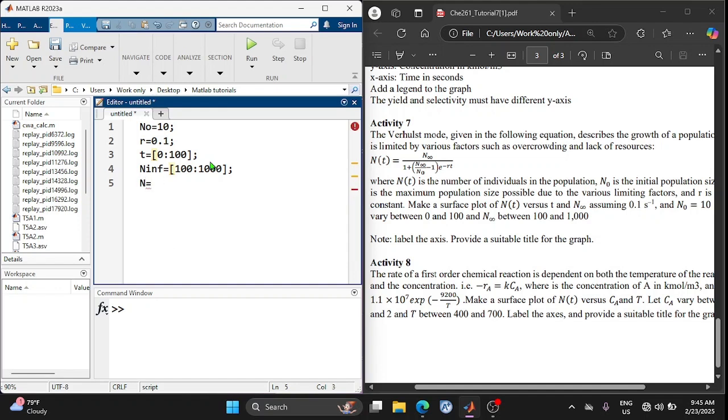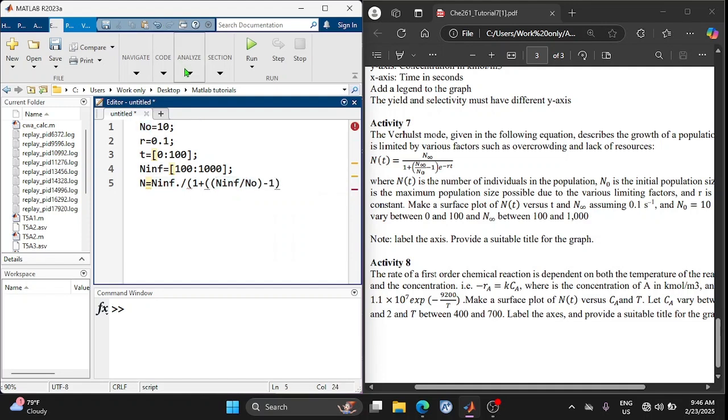I can see that N is equal to N infinity over 1 plus N infinity over N naught, all of that minus 1. So let me bring another bracket around it.